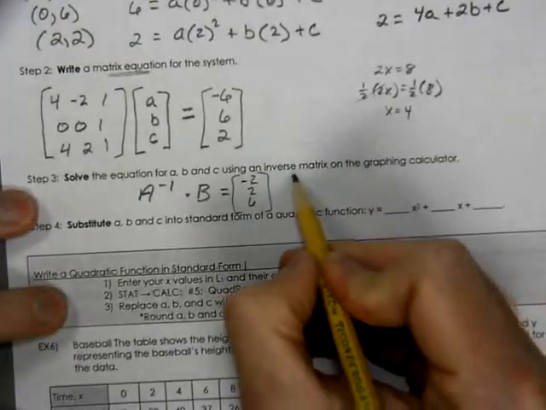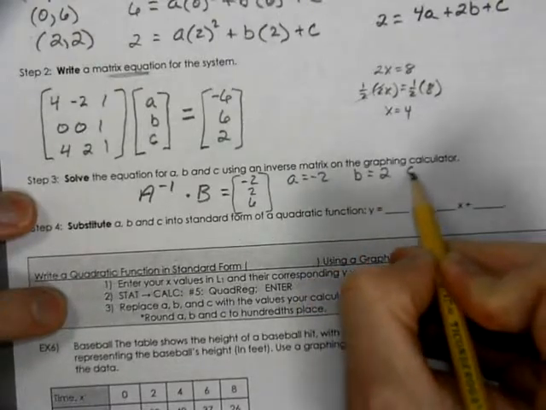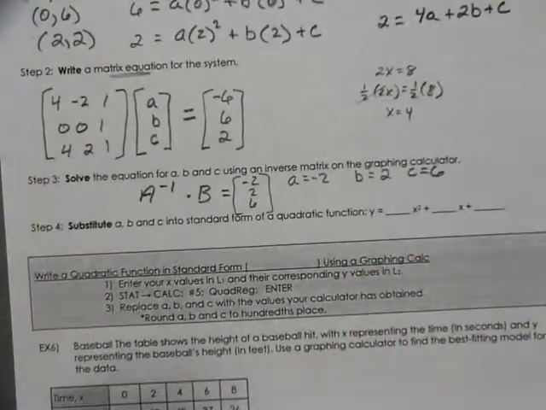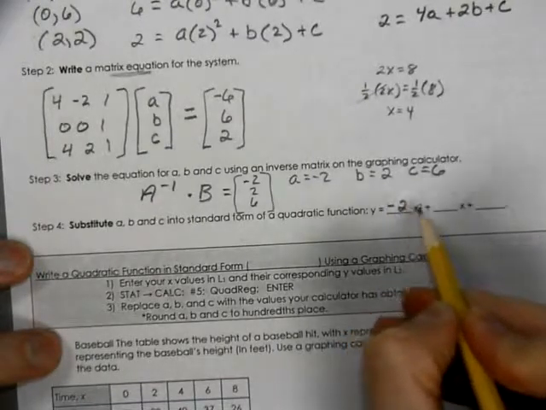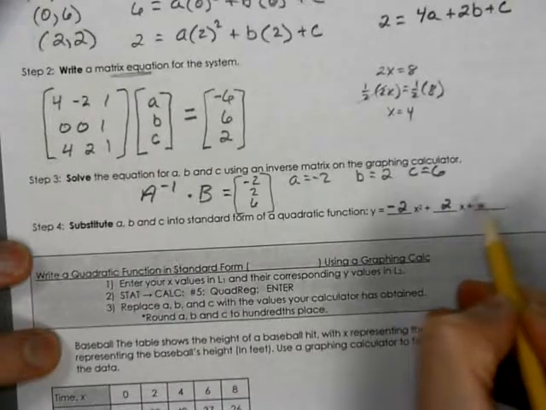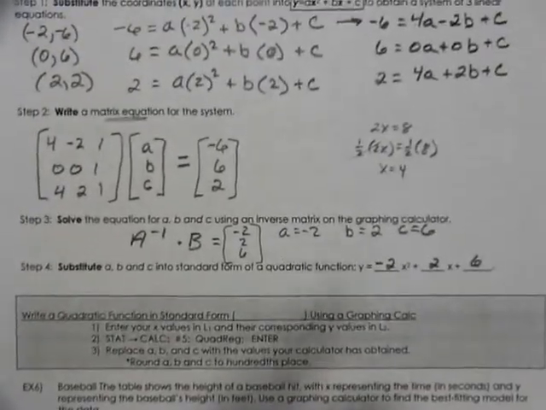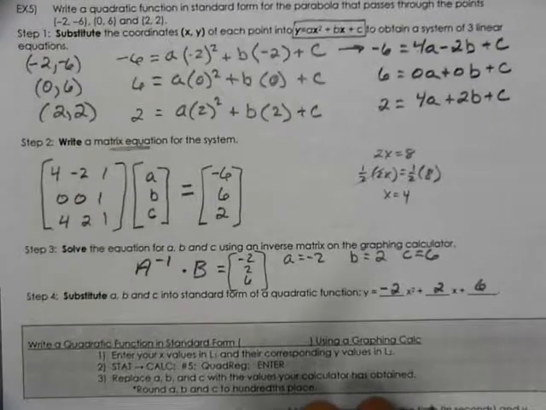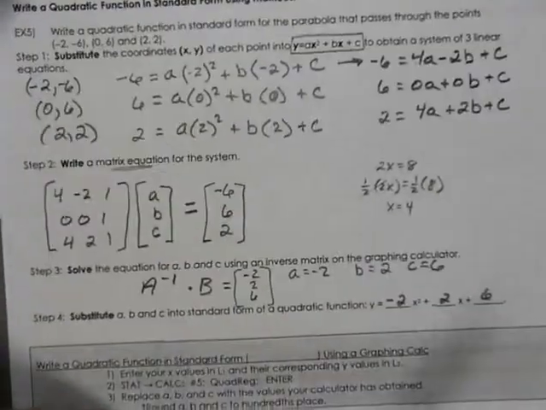Those numbers are standing for A equals -2, B equals 2, and C equals 6. So when you write your equation, we get -2x squared plus 2x plus 6. That's the standard form equation of a quadratic function that goes through the original 3 points.